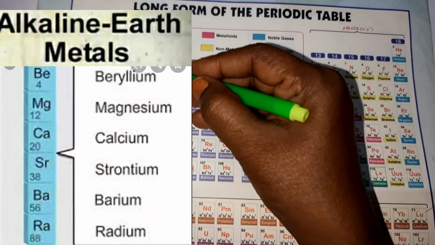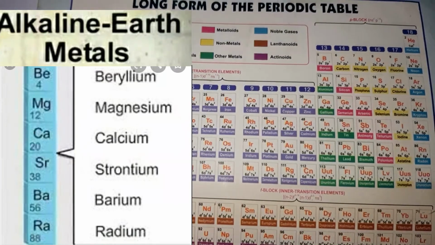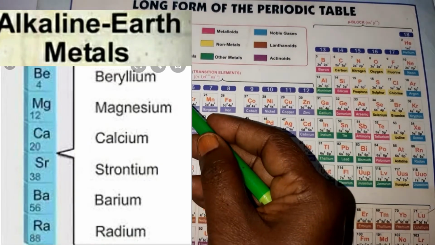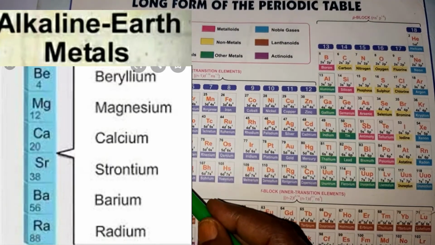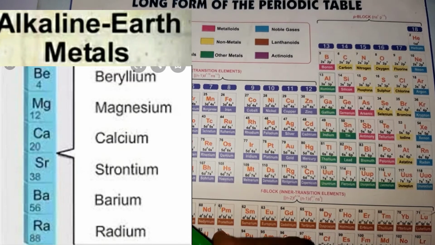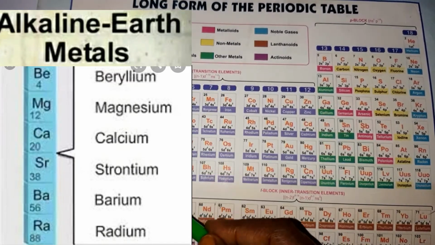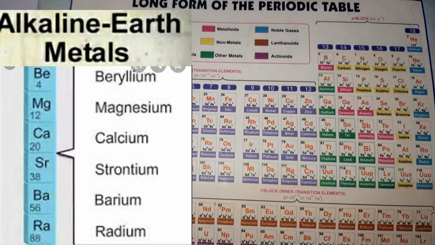The next group elements are called alkaline earth metals, children, like beryllium, magnesium, calcium, strontium, barium, radium. So what are the properties of these metals?